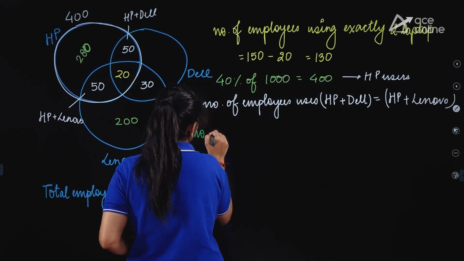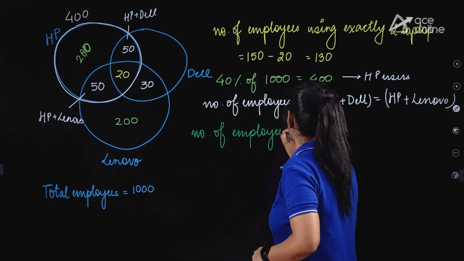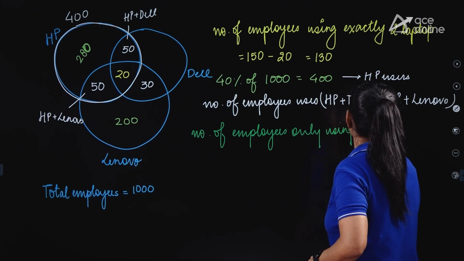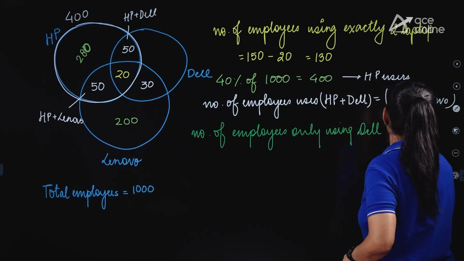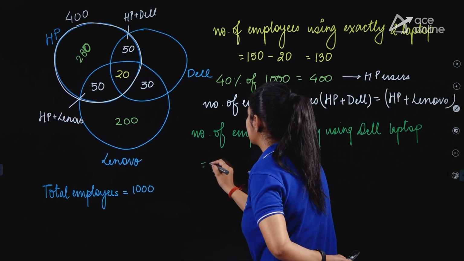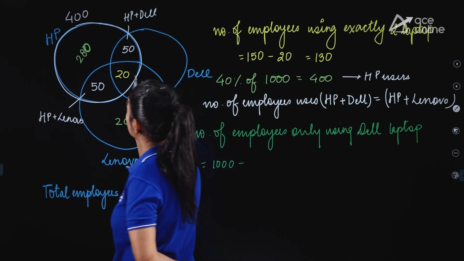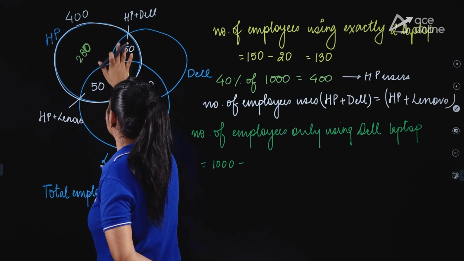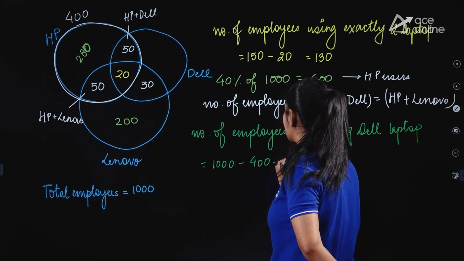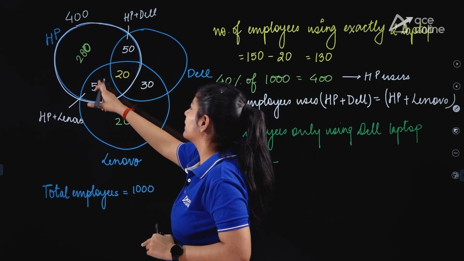So, the number of employees only using a Dell laptop is nothing but, from the 1000, we have to subtract first this particular value, and this is nothing but 400. Or you can also write it in the divided form, that is 50, 20, 50, 280.